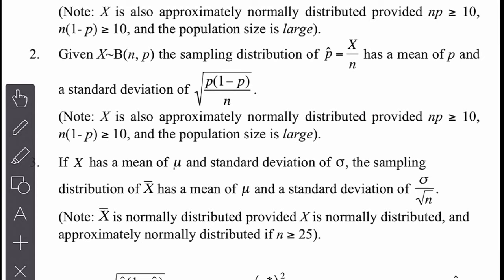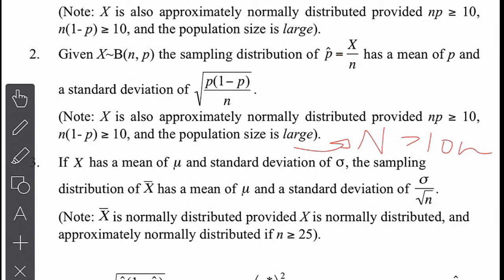You know that distribution is approximately normal as long as this condition is satisfied, and we say the population is large. Population large means that the population size is greater than 10 times the sample size, okay? So that's what we're going to use for large. And this is the mean, and this is the standard deviation.